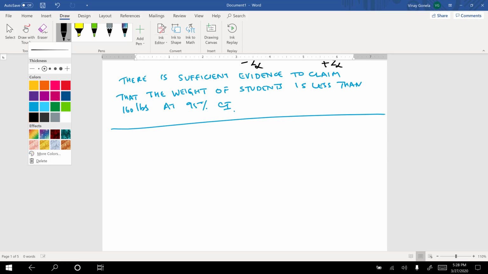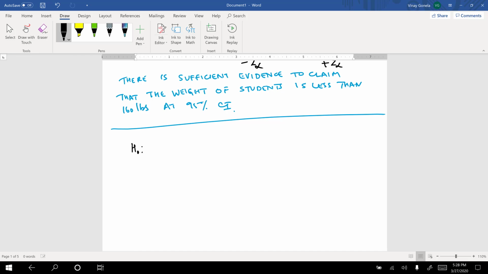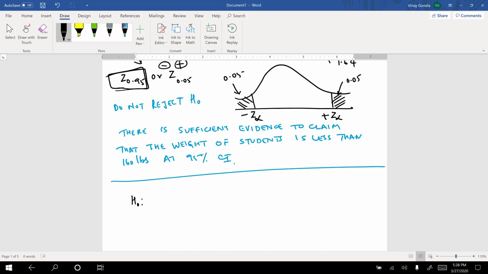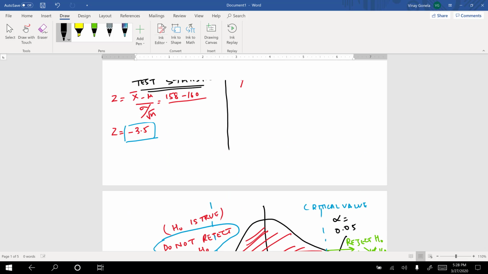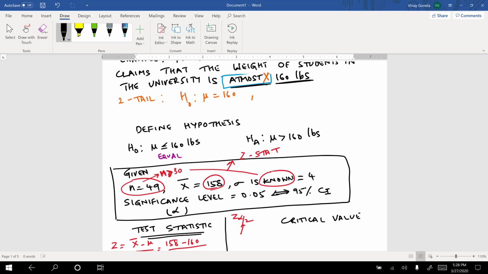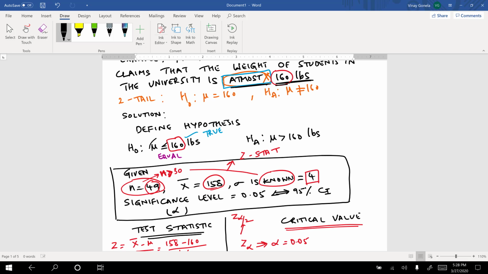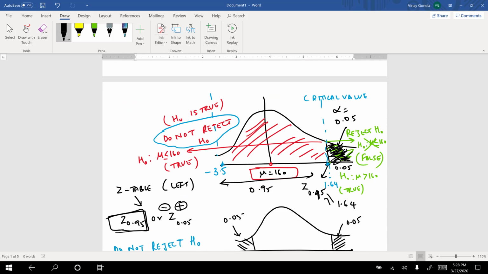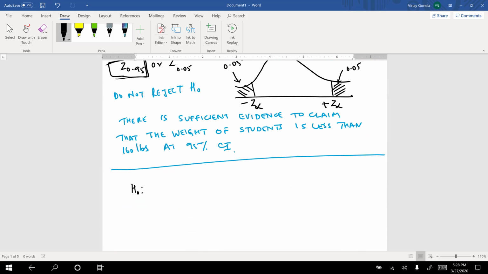Our hypothesis was H null: mu less than or equal to 160. I will copy that. The hypothesis is very important for solving these kinds of problems.